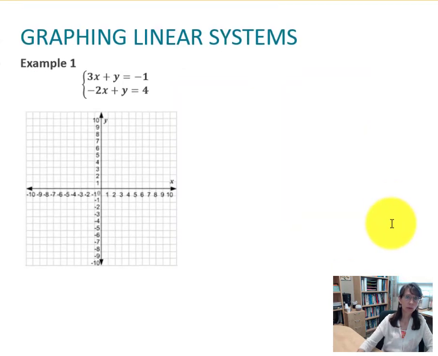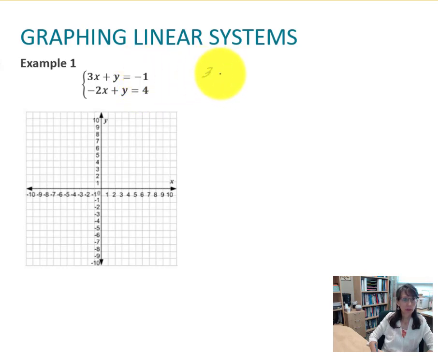So let's think about those three different cases, and we're going to take each system given and graph the system to see if we can determine if it has one solution, no solution, or infinitely many solutions. So the way we're going to go about graphing these lines is to put each line into its slope-intercept form.